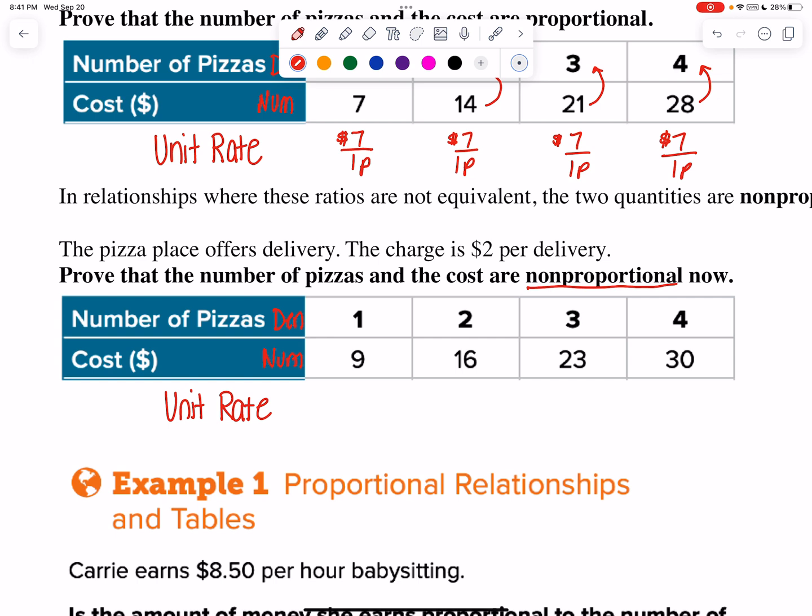So this one is $9 per one pizza, because of that extra delivery charge. Now when we order 2 pizzas, 16 divided by 2, now we have an $8 situation per pizza.